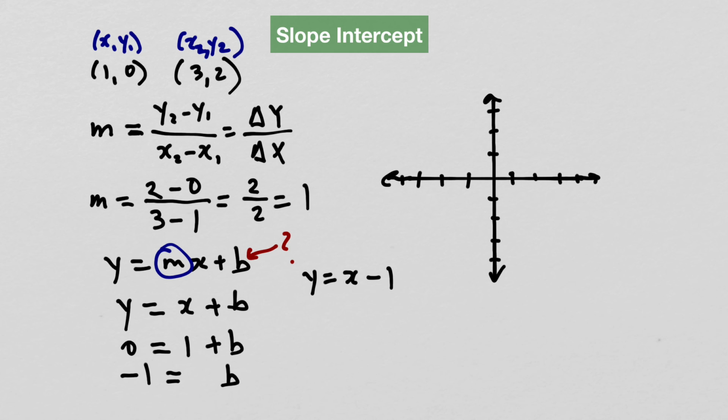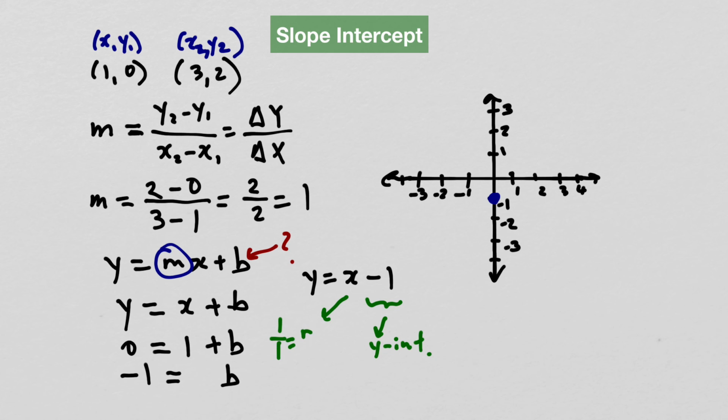We know that our y-intercept is -1. So we're going to put a dot at -1 on the y-axis. And we know that our slope is 1 over 1. We're going to do a rise over run.